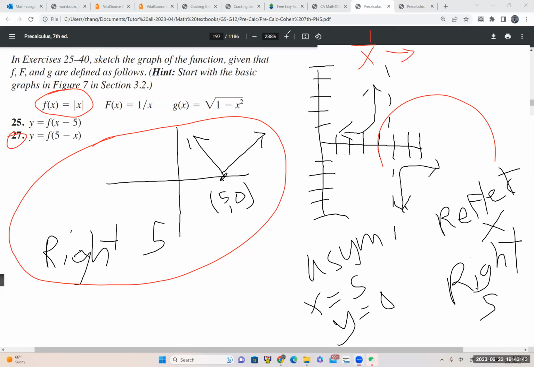Okay. Here you mentioned reflect about the x-axis, right? Then what do you get? Negative of f of x. So that means negative 1 over x. But you can also call it negative 1 over negative x, that is fine, right?